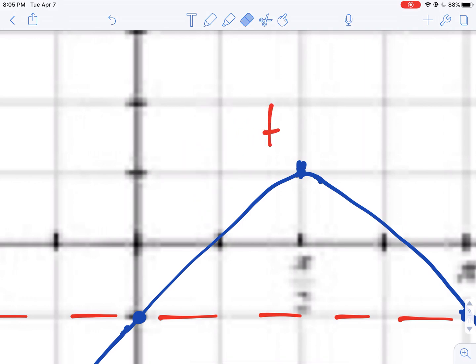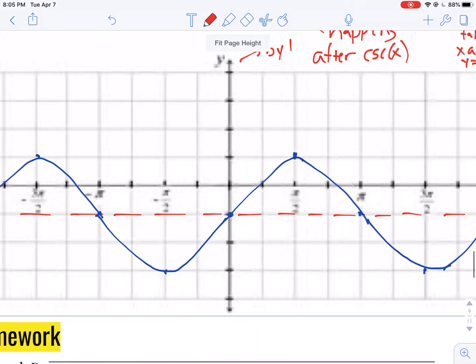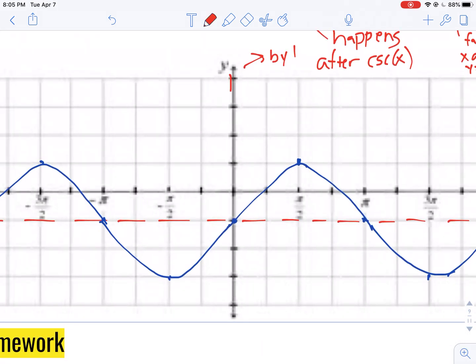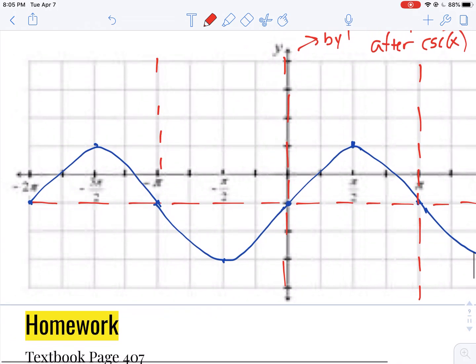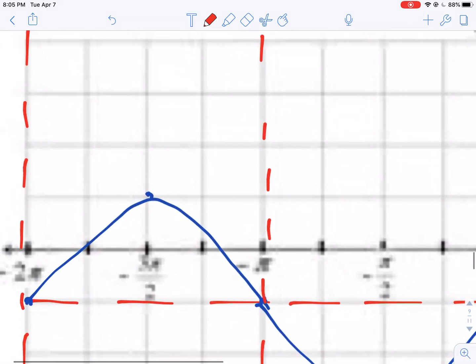What I actually have to look at is this fake x-axis I've drawn. This is where I have my undefined points of this graph. So now wherever this graph intercepts this fake x-axis, I'm looking at the undefined points. But then again, all I've got to do is draw a point at my peak, and then I'm going to draw an upward parabola.